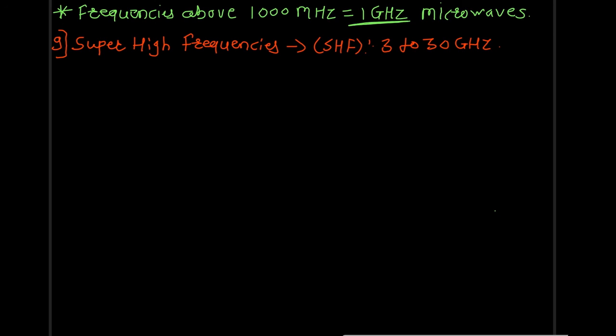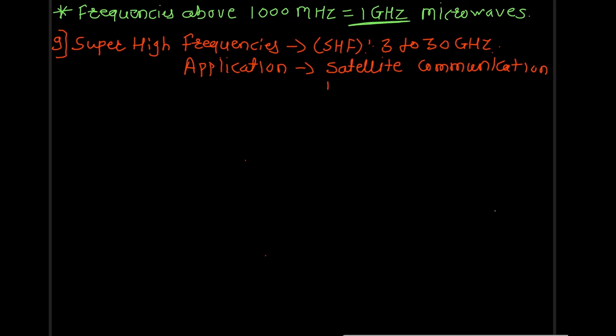These are microwave frequencies. Frequencies within the range 1 to 30 gigahertz are called microwave. They are used in satellite communication. This is the application for super high frequencies: satellite communication and radar.